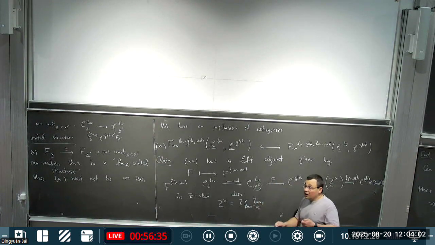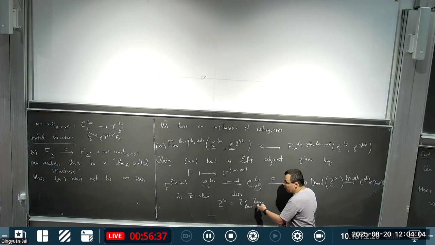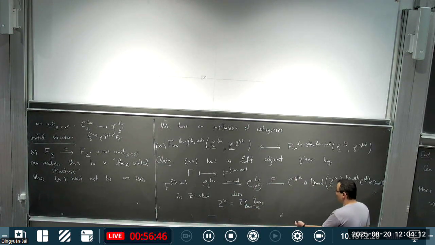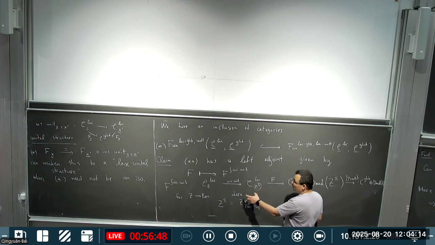In other words, these are all points of the Ran space that contain the given Z point that you chose. Small part, yes, the small part agrees with the Z point. Yes, that's the definition.